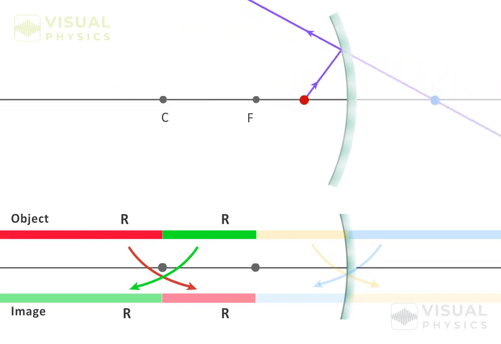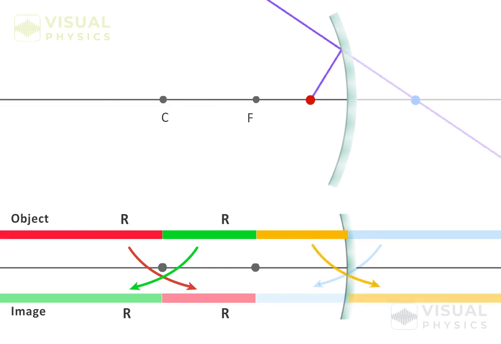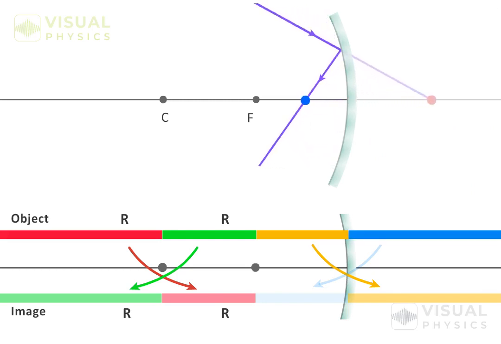For this part, when the object is in this region, image is in this region. And when the object is in this region, image is in this region. In this case, here the object is real, and the image is virtual. And here the object is virtual, and the image is real.